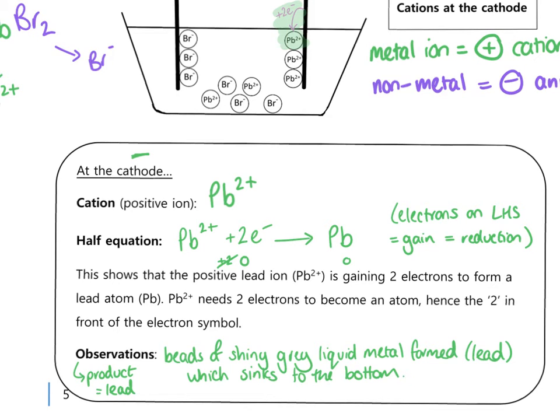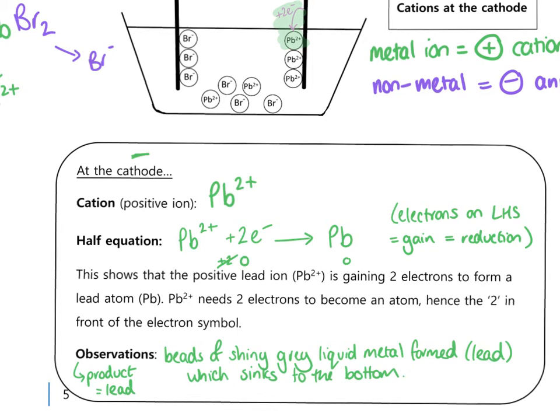So the observations you would write in for what's happening at the cathode is that we see beads of shiny grey liquid metal formed, which sink to the bottom, and you only really see that when you pour the electrolyte away. So if you were asked for what could be observed at the cathode, you would say beads of shiny grey liquid metal formed, which sinks to the bottom.